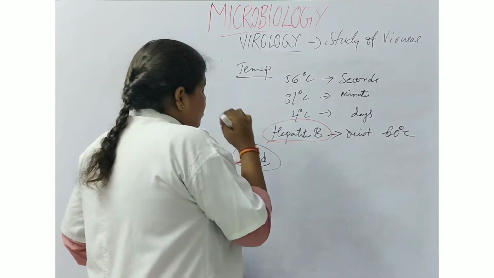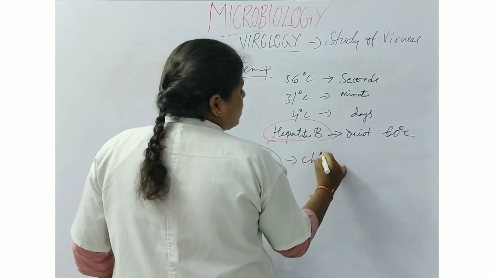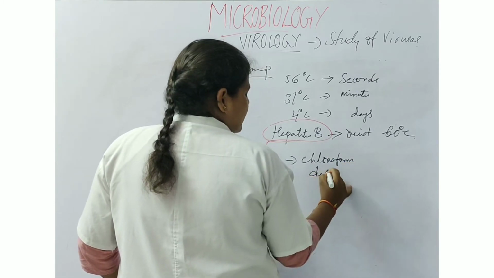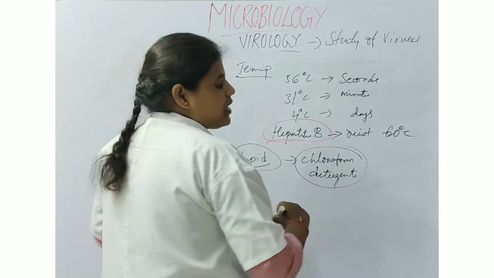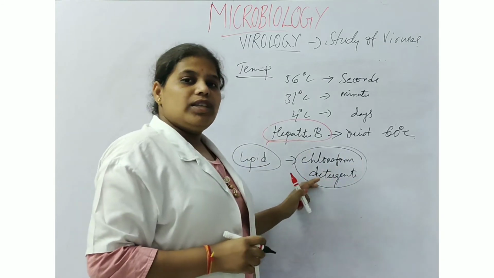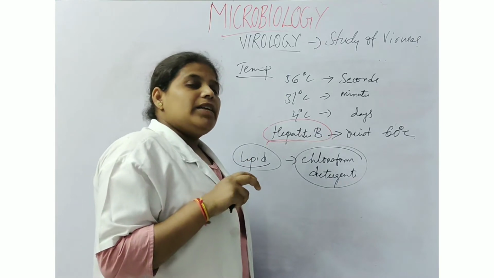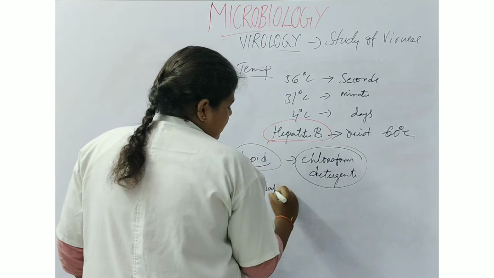And next we have lipid agents. We can use chloroform and detergents. By using these we can inactivate the virus, but we cannot inactivate the naked virus. What are naked viruses?